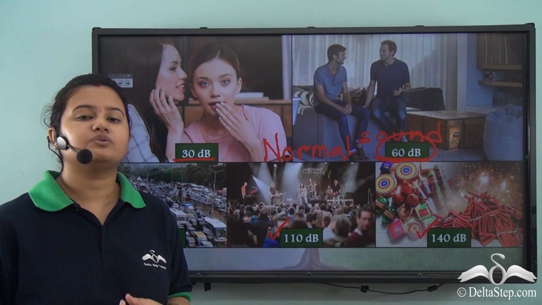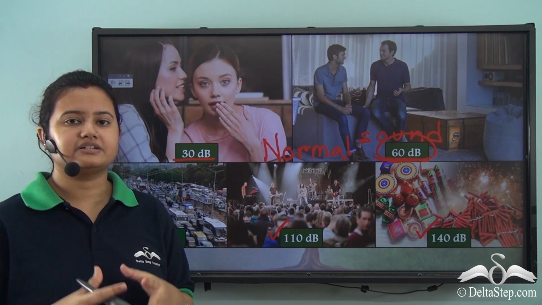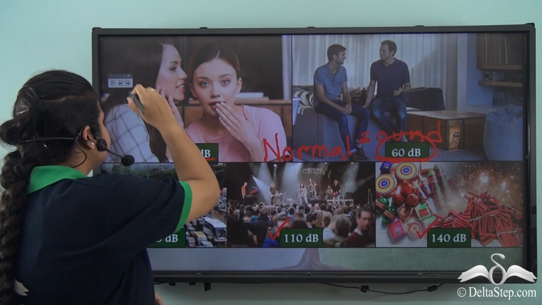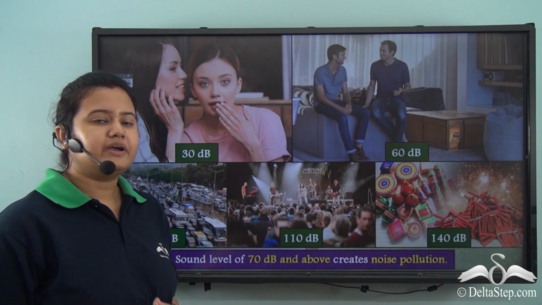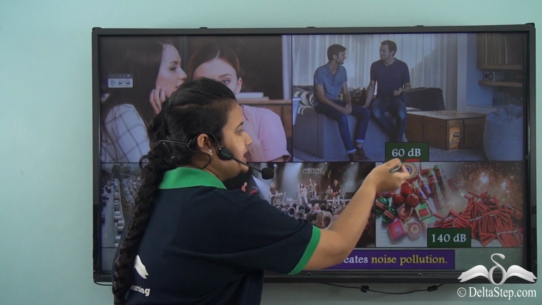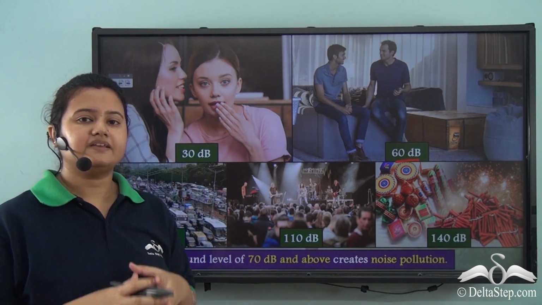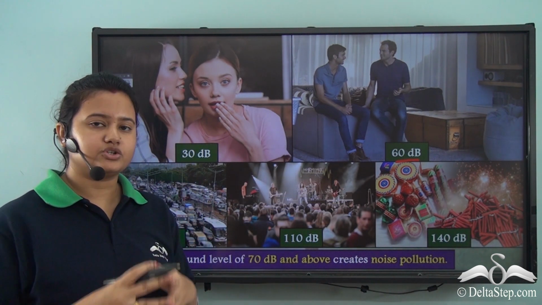So if any sound is louder than the tolerable limit, then it is considered as noise. So as I just mentioned, the normal sound level is 60 decibel, and any sound level higher than this is usually considered as noise.